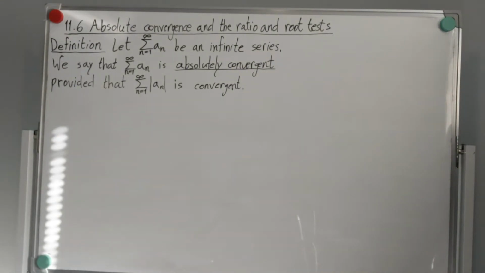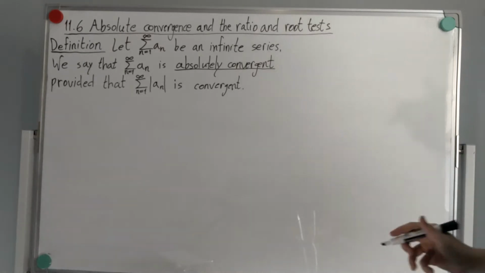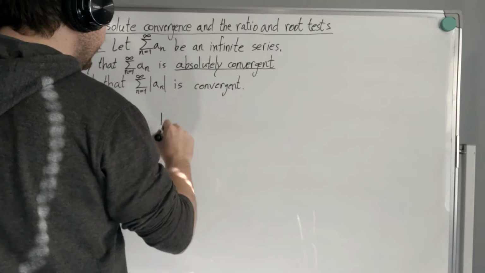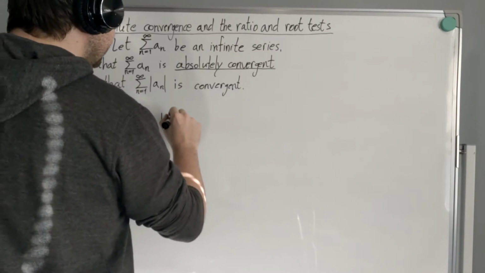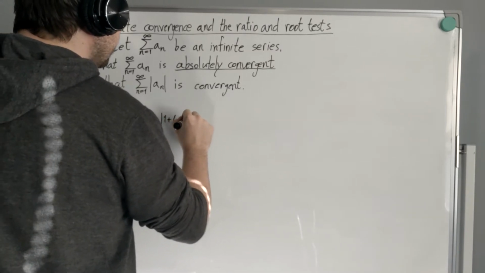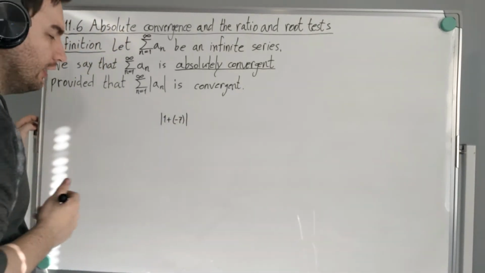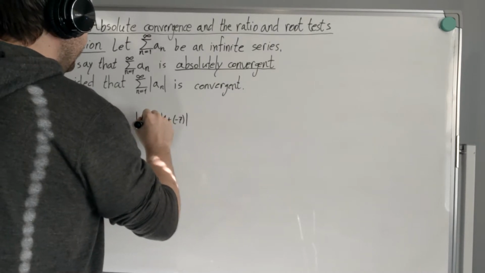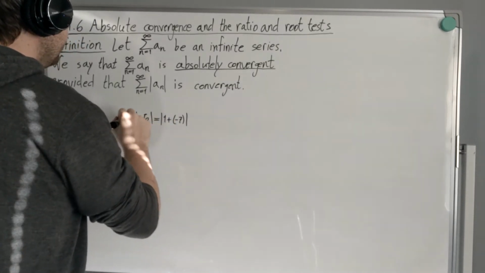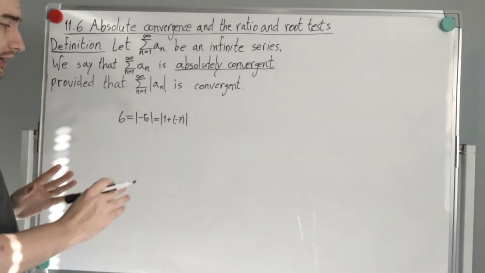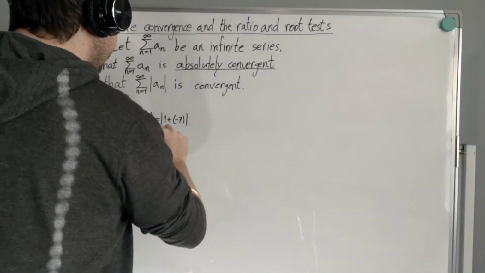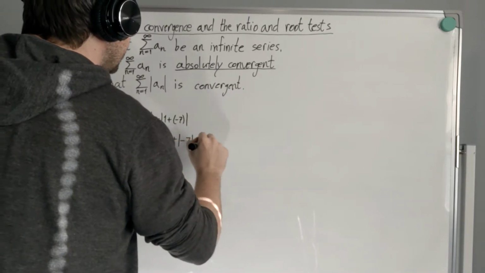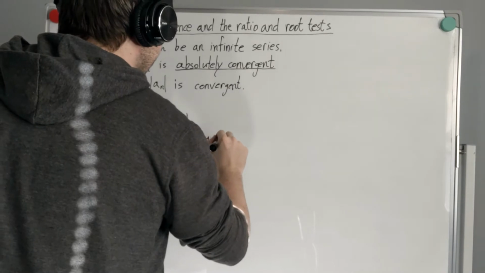Now, I just want to point out something here, because this is important. If you were to take the absolute value of 1 plus -7, well, that would be the absolute value of -6, which is just 6, right? Now, this is definitely not the same thing as the absolute value of 1 plus the absolute value of -7, which would be 1 plus 7, and that's 8.